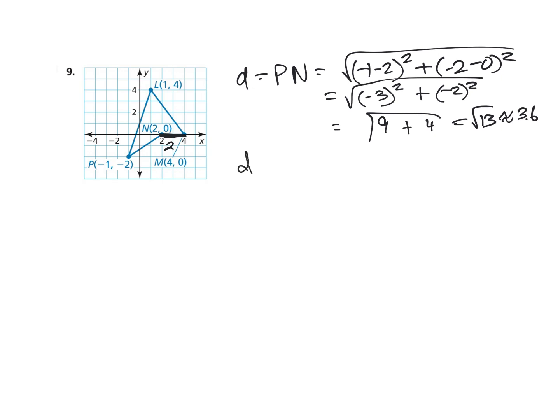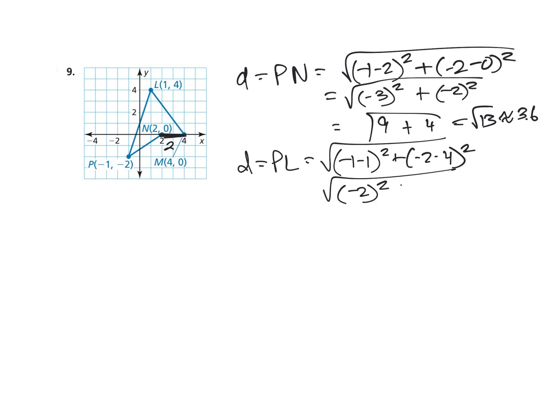And now you need the distance from P to L. So again, distance formula, negative 1 minus 1, and negative 2 minus 4. And so that is negative 2 squared and negative 6 squared, which is 4, and 36, which is the square root of 40. And the square root of 40 is approximately 6.32, or 6.3 is fine.